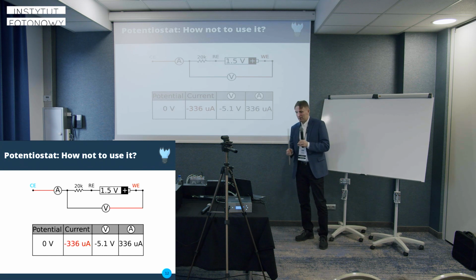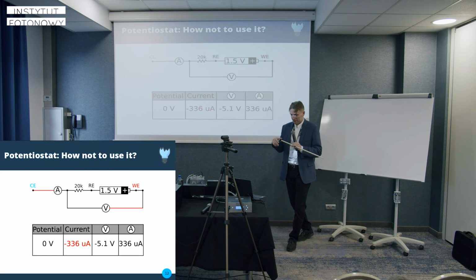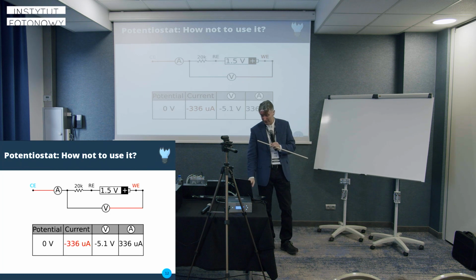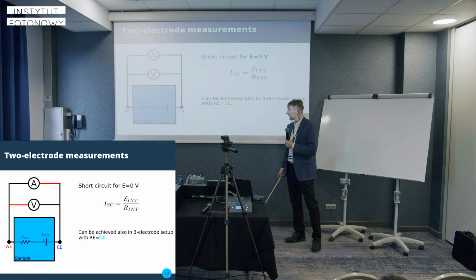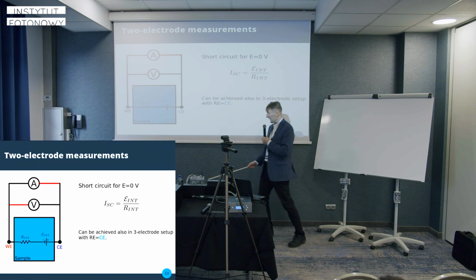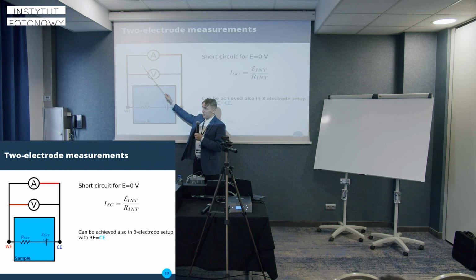Okay, and now another issue that we ran into a long time ago, but realized only recently. When you have samples that have 2 contacts, then you can apply the potentiostat. Now this is a simplified version of a potentiostat.